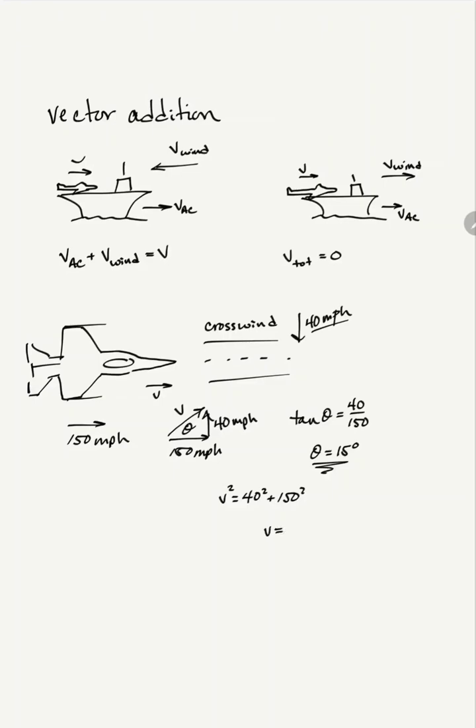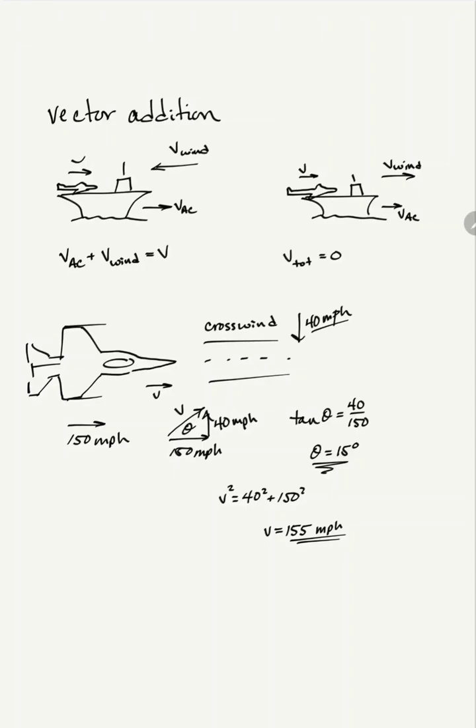If you crunch those numbers, you have to go about, I'm rounding here, 155 miles per hour. So in order to land on this straight runway and compensate for the 40-mile-an-hour crosswind, you have to turn into it, and you'd have to land at a 15-degree angle, traveling at 155 miles an hour instead of the 150 that you wanted to.